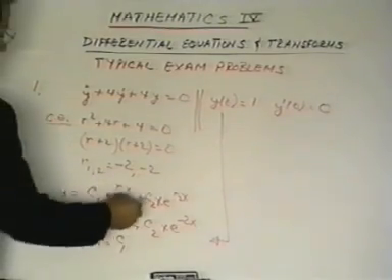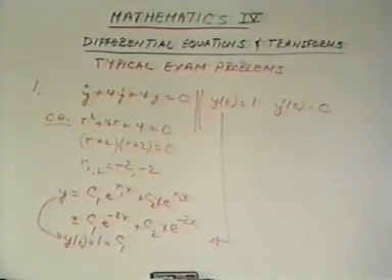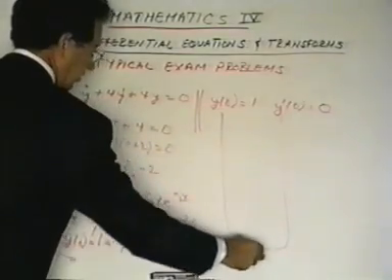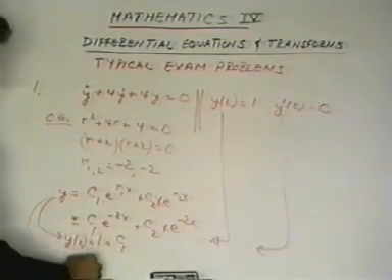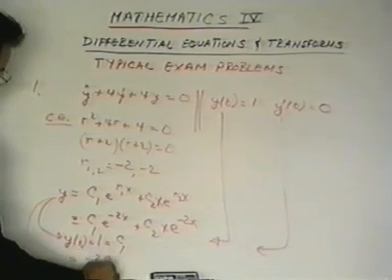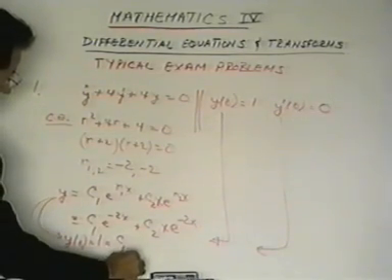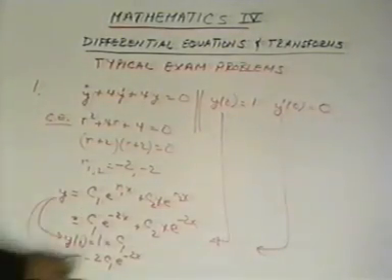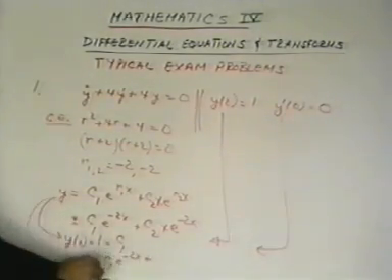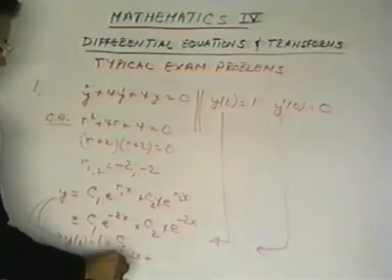Now I want to solve for c sub 2. In order to do that, I need to take this equation now and differentiate it. And when I form its derivative, I'll take advantage of this second initial condition. So let's do a differentiation. I have minus 2 times c1 times e to the minus 2x when I differentiate. And then when I differentiate the second term, now this is a product of two terms.